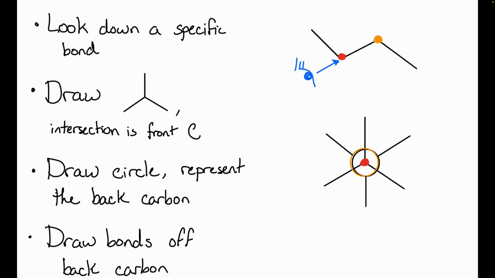All right, so in red here, the ones that are connected to that central intersection represent my front carbon bonds. And the ones that don't touch the middle, they only touch the circle here, represent my back carbon bonds.